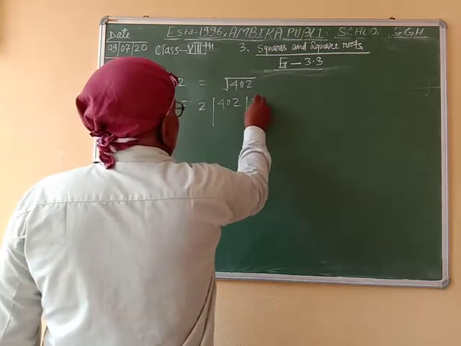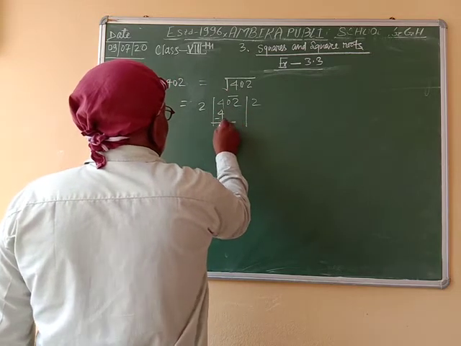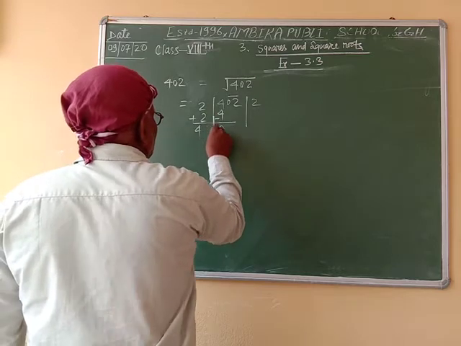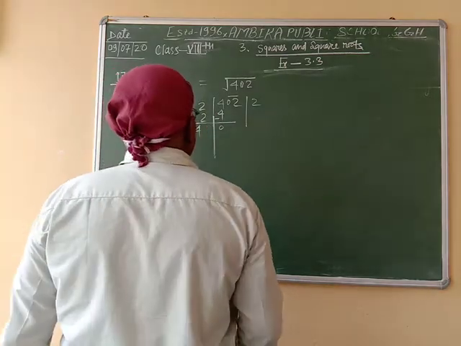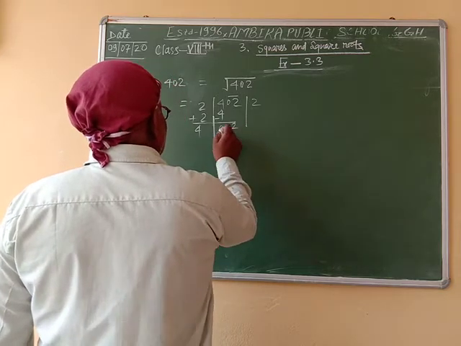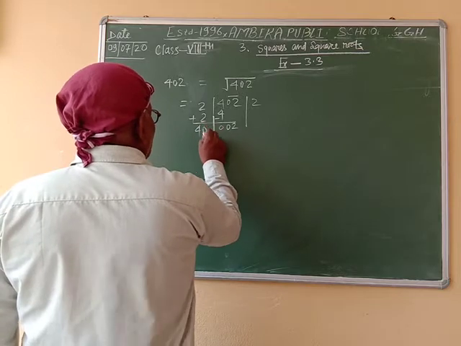Dividing by 2. And first we write 02 in the dividend and divide.